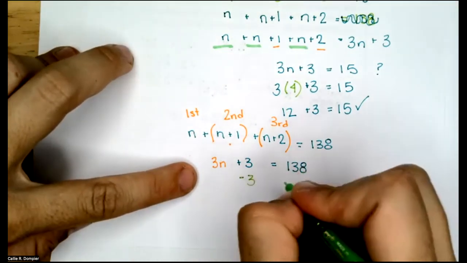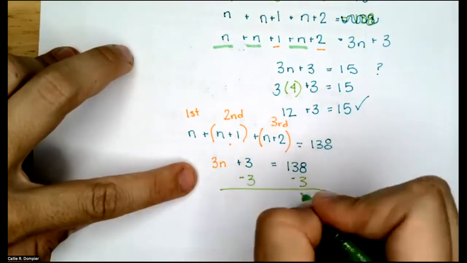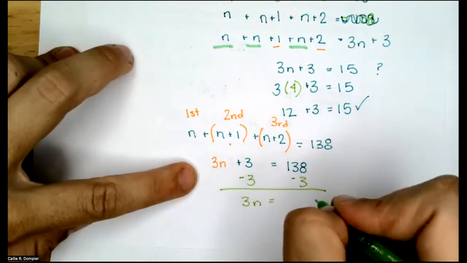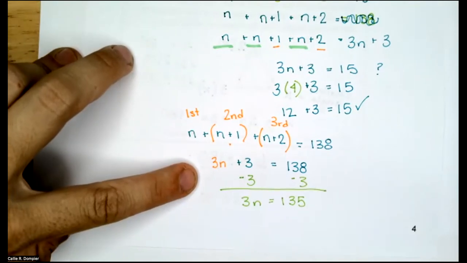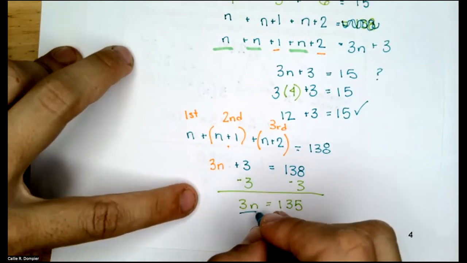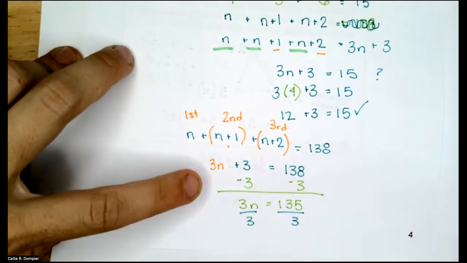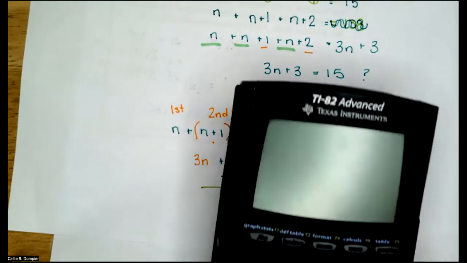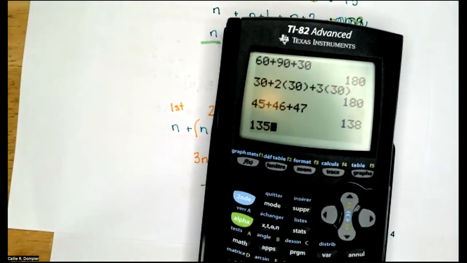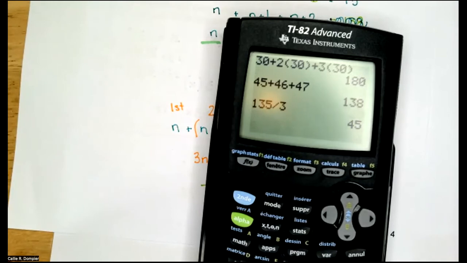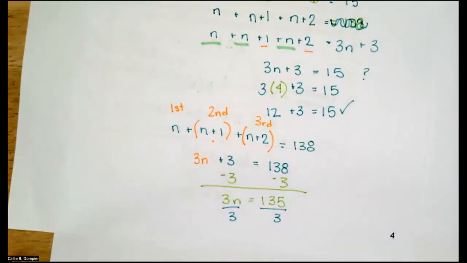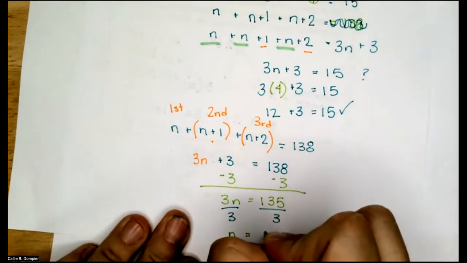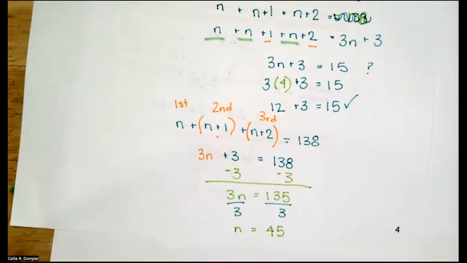I'm going to move the constants over. 3n equals 138 minus 3, which is 135. Now I just divide by 3. 135 divided by 3 is 45. So n is 45.